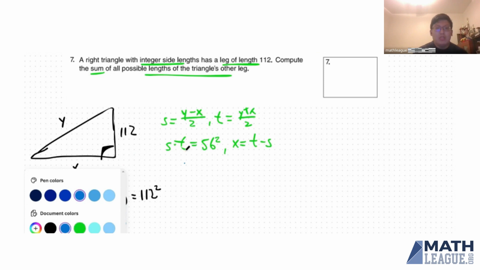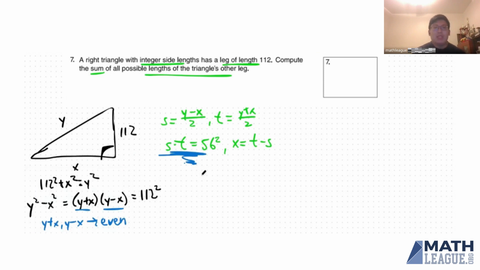Using this equation, we can see that x is just the difference between the members of the factor pairs of 56 squared. So let's say we have 56 squared and 1, then one possible value of x is going to be 56 squared minus 1. Now, note that x has to be a positive integer because it represents a side length. So therefore, s is strictly less than t.